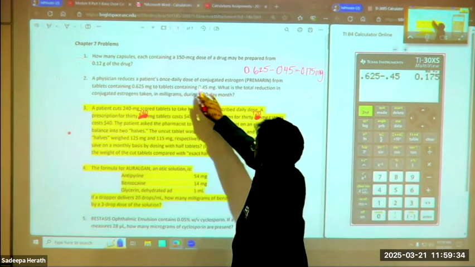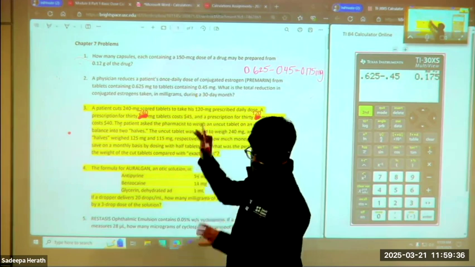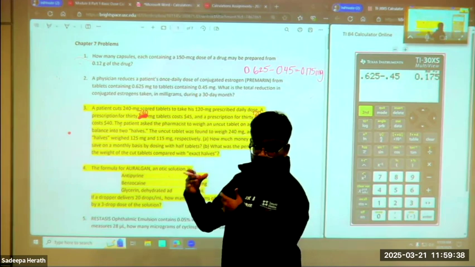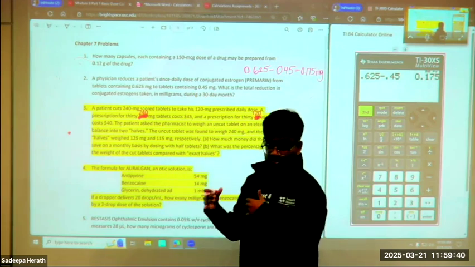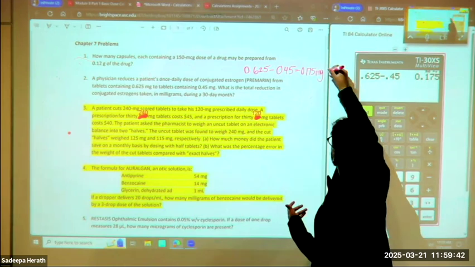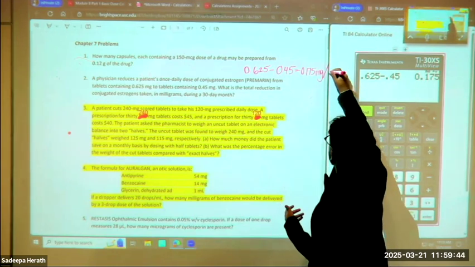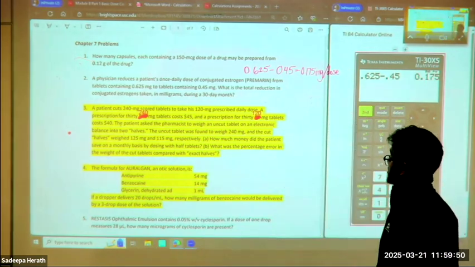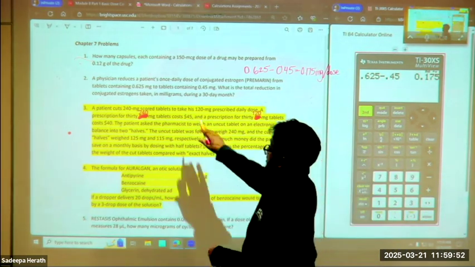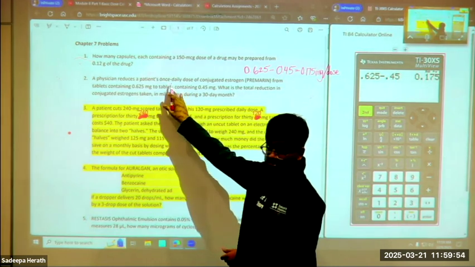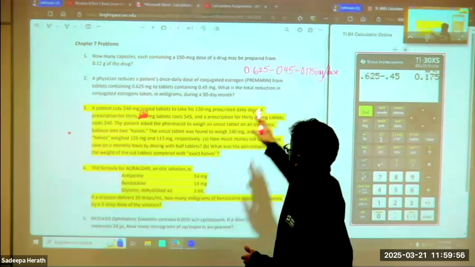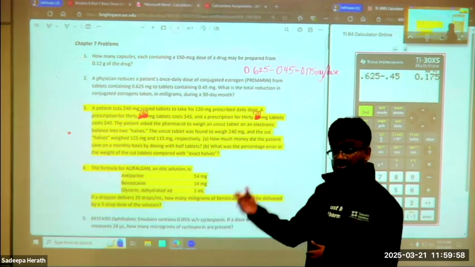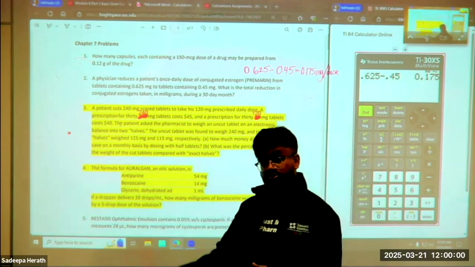So it's a once daily dose, and so that means you're just taking one tablet per day of this Premarin, and each tablet or dose in this case is 0.175 milligrams. If this were a twice daily dose, then we'd need to multiply whatever we get from the subtraction times 2 times a 30-day dose.